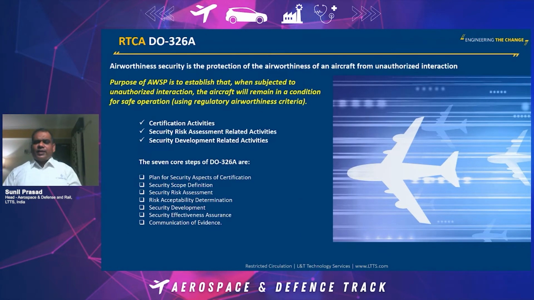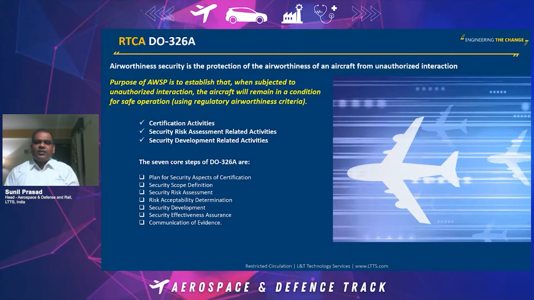So let's look at what we have here in 326. This is going to be the de facto document, the de facto standard and guidance that going forward we'll be using for certifying a new aircraft, new system, or even a modification to an aircraft and system.